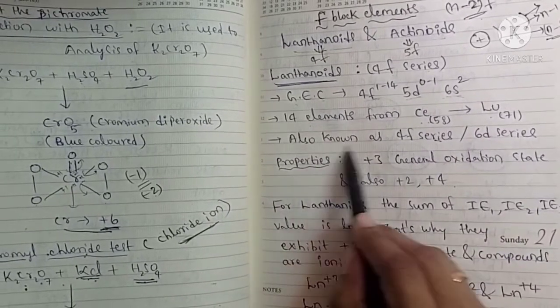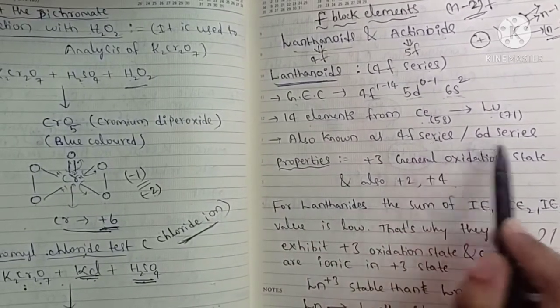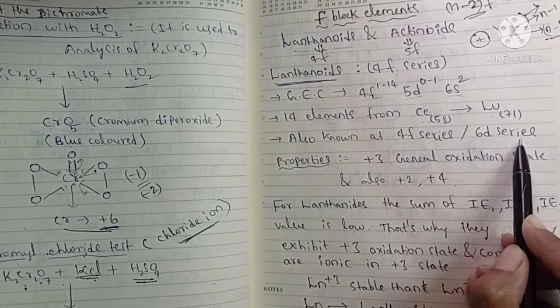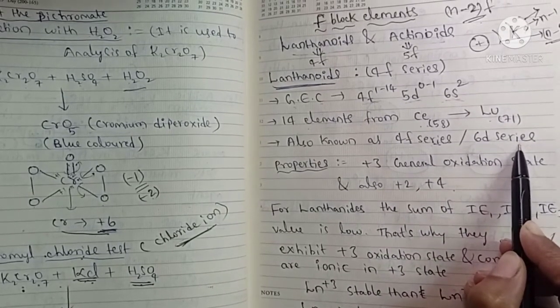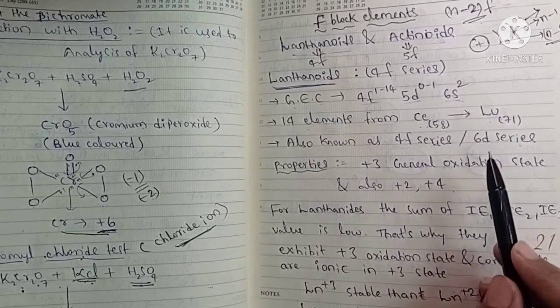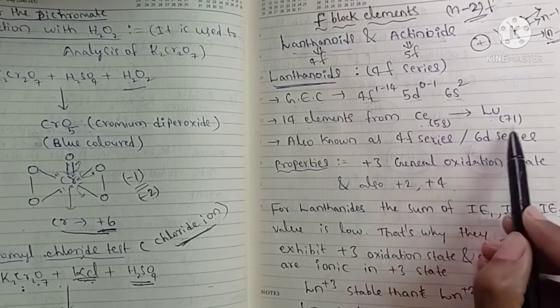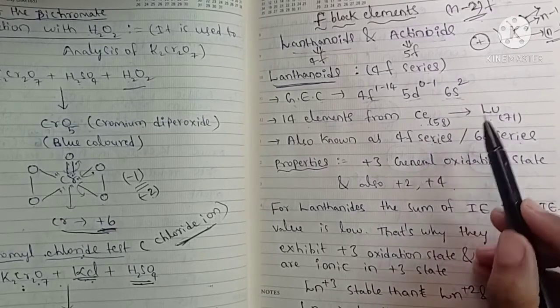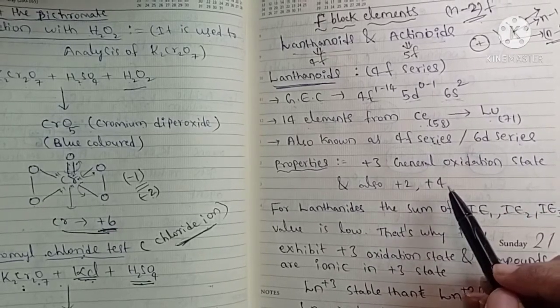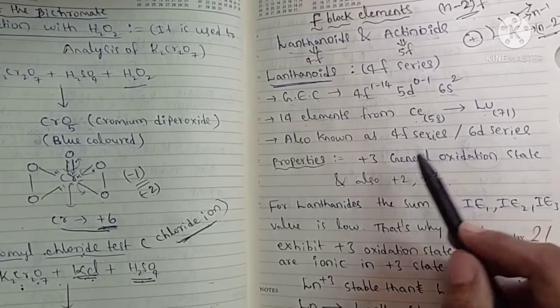They are also known as 4f series elements, and they are called lanthanoids because they start after lanthanum. Lanthanum is 57, and after lanthanum, 58 to 71 are arranged at the bottom of the periodic table. That's why they are called lanthanoids.